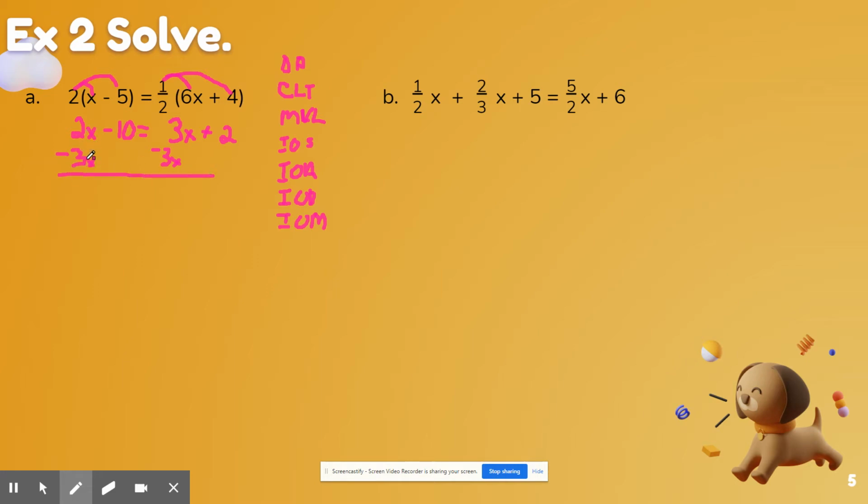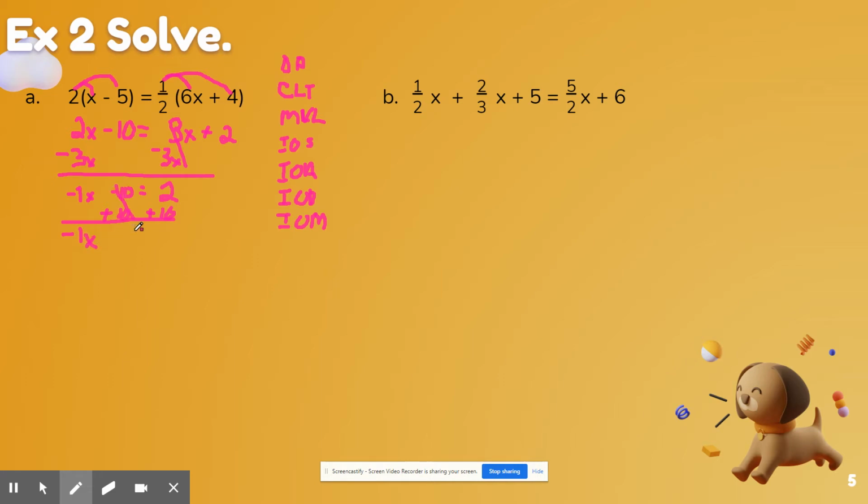And so 2 minus 3 is negative 1. Minus 10 comes down. The equal sign comes down. These cancel out, and 2 drops down. We're going to add 10 to both sides. Negative 1x drops down.